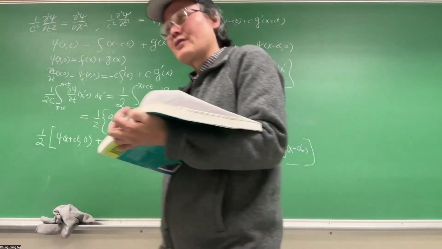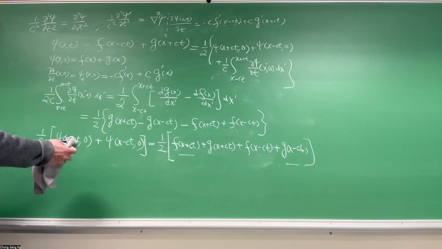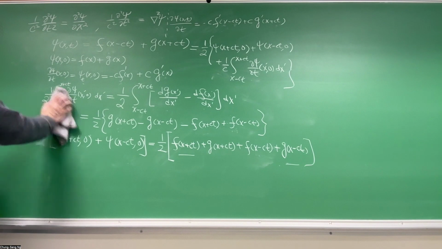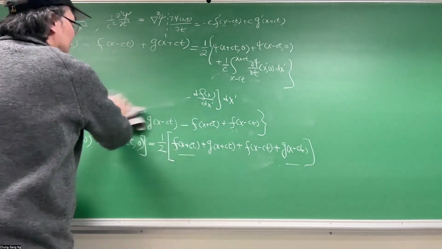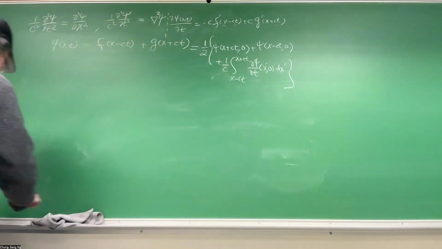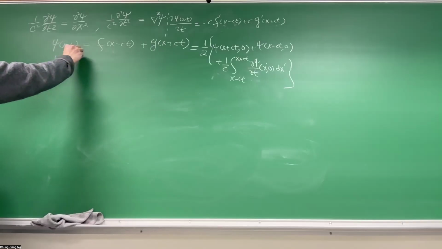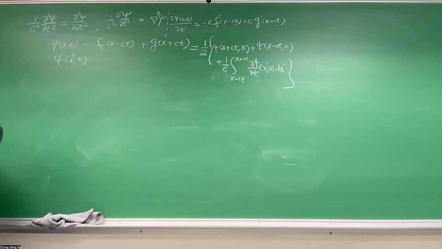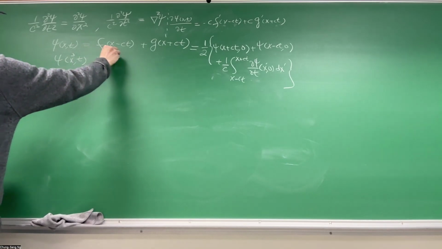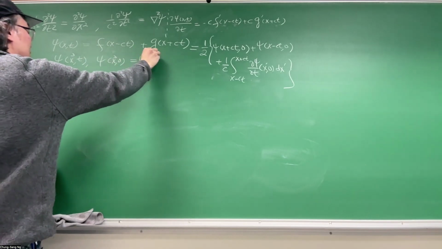Given the same kind of initial condition, let's erase all this. Now for 3D, say psi is now a function of x and t, right? And the initial condition will be psi of x, 0, a given initial condition psi 0, right?